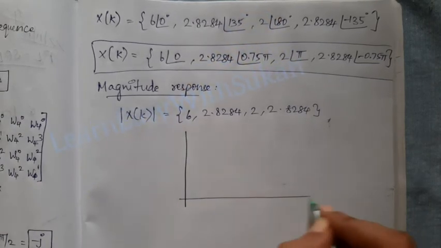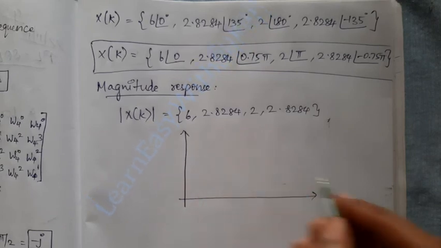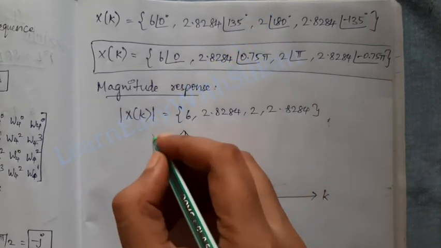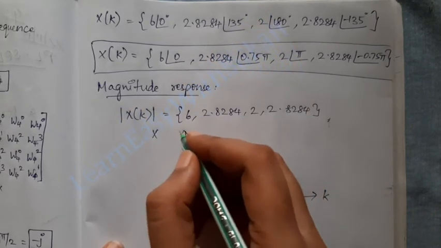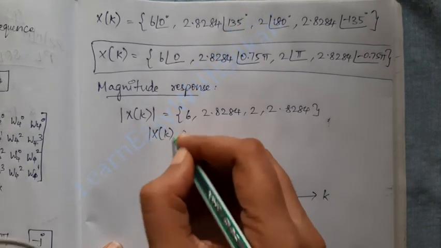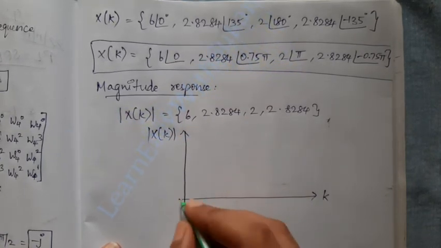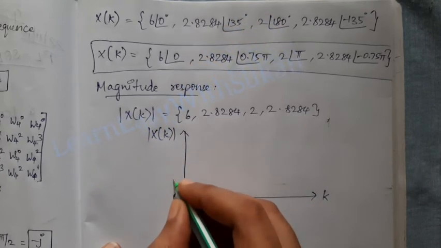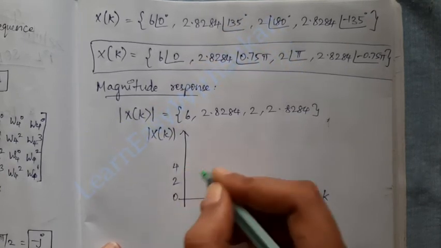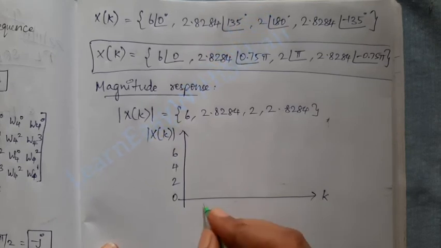See, this will be k, this will be mod x of k. Okay, so from 0 to 6 it is there. Let me just give it as 2, 4 and 6. Okay, and here 1, 2 and 3.